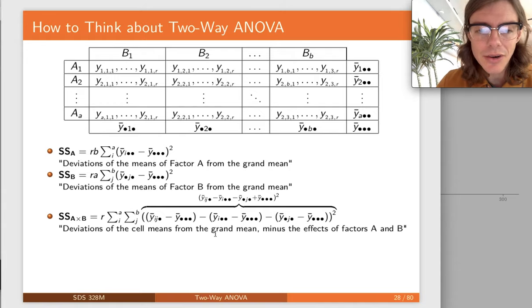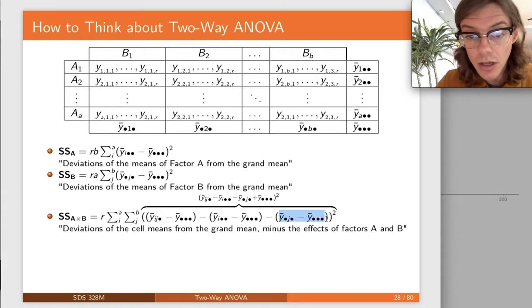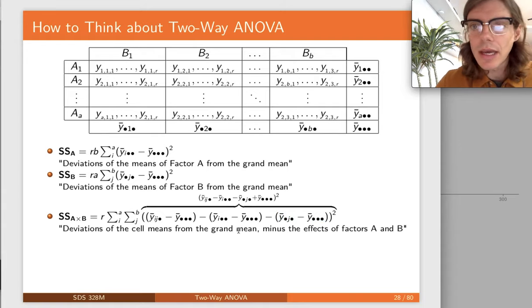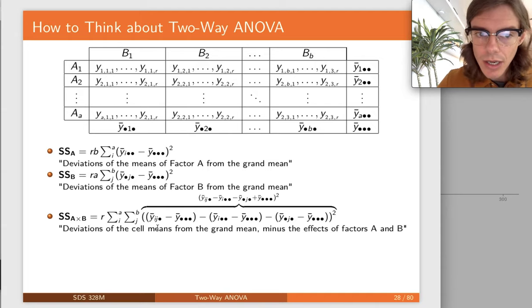First you have to get the cell means: the average in this cell, this cell, and this cell. Then you subtract the effect of the row means and the effect of the column means, square that, and add them all up. It's a pain. I'll show you how to do it, but it's a pain.